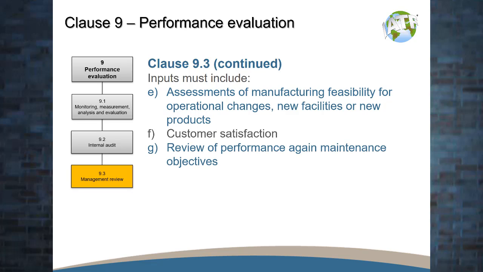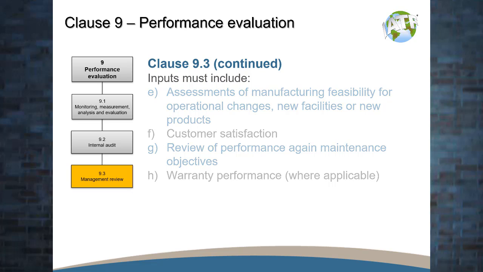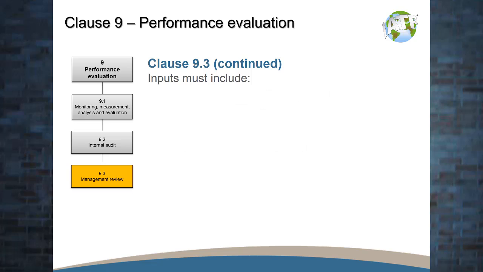Customer satisfaction, review of performance against maintenance objectives. So here's where you see that total productive maintenance coming in and their objectives being an input. Warranty performance, if there are any warranty items to discuss, if you have a warranty for your products or services. Review of customer scorecards where applicable.